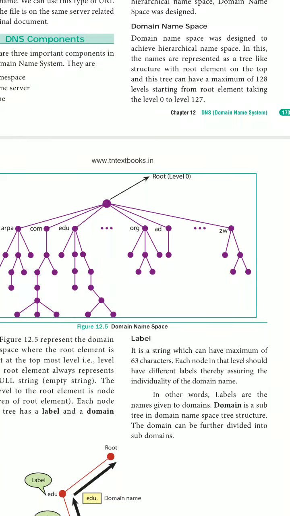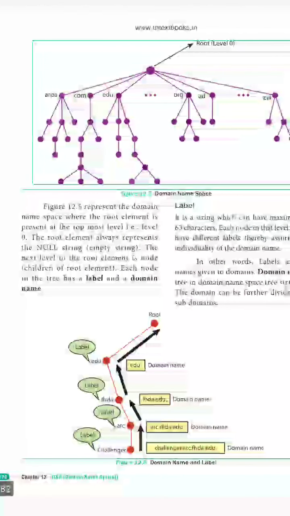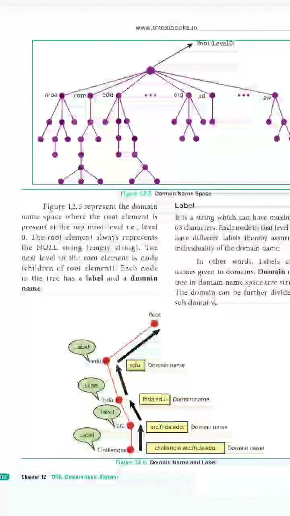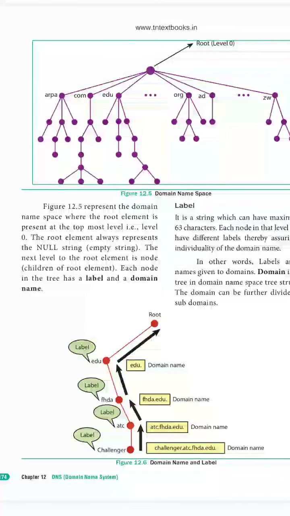There are 0 to 127 levels of domain namespaces. Each domain name is also labeled, so that it is easy to group them.